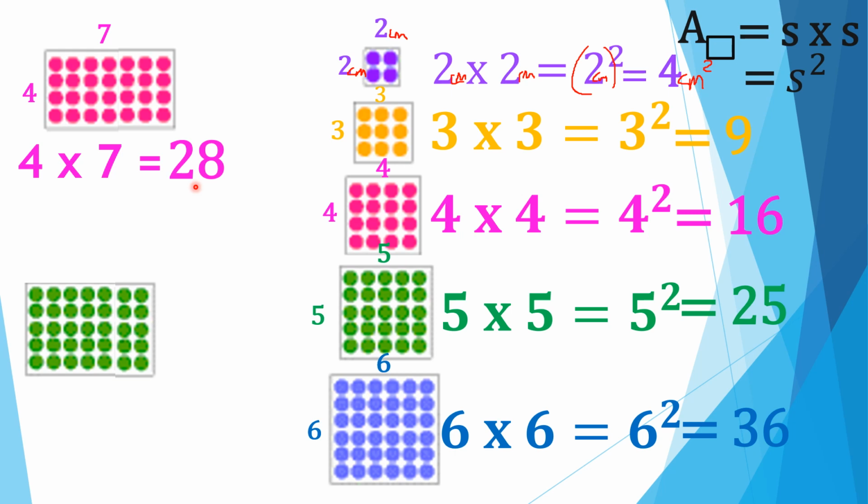Next, this is 5 by 7, let us multiply. 5 times 7 is equal to 35.